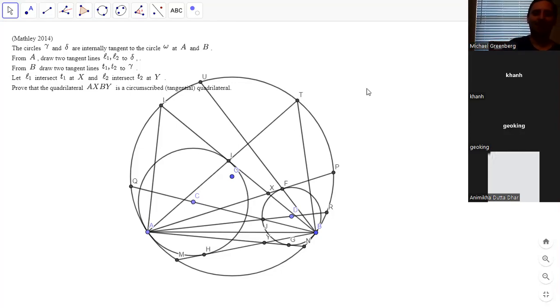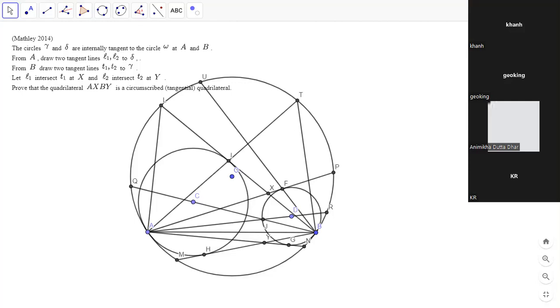Oh, okay, now I get it. So the tangent at I is parallel to the tangent at P, so it follows immediately. Okay. All right.